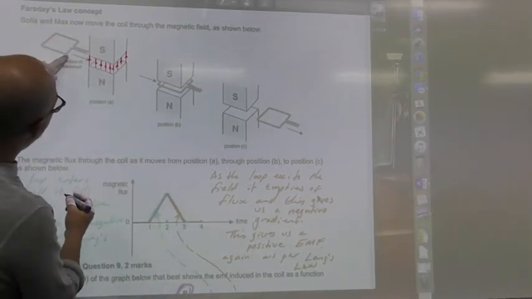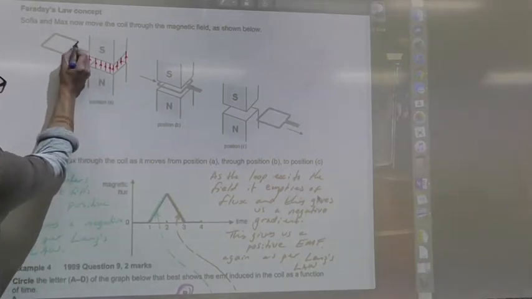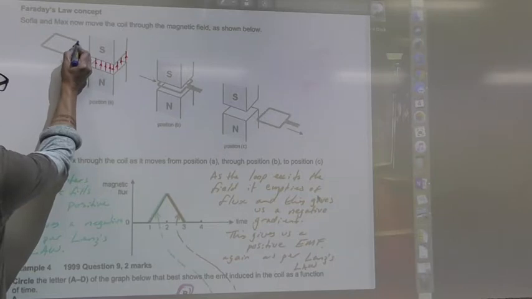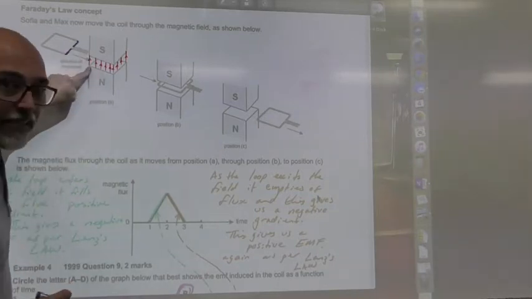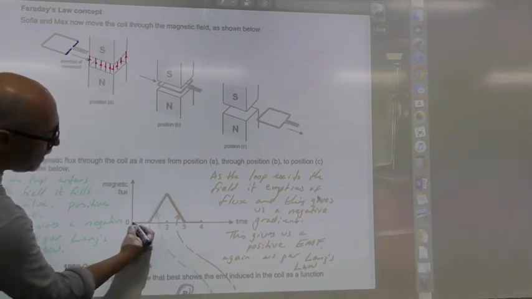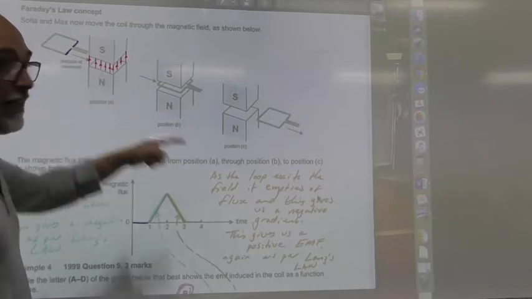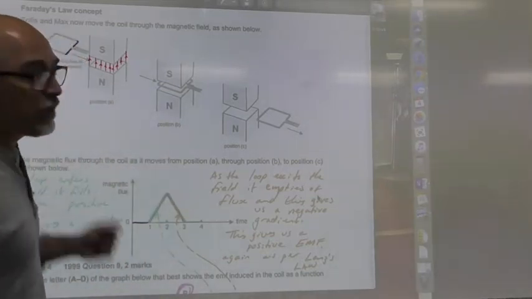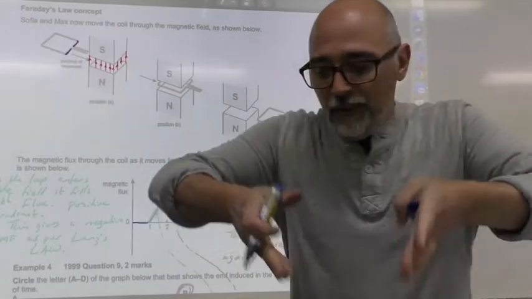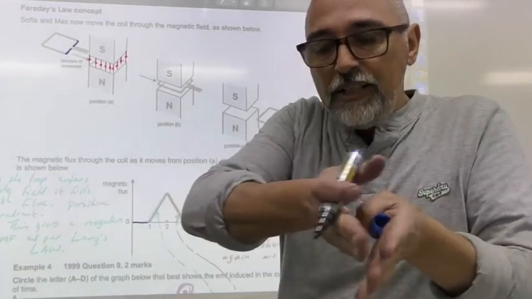Out here, moving from this leading edge of the loop, okay, as it approaches and hits the field, it's going to be nothing, there's no flux. Then it hits the field and it starts to increase. Now, because it's a square loop, if you look at it and it's moving at constant velocity, the amount of area that is exposed is actually linear, okay?